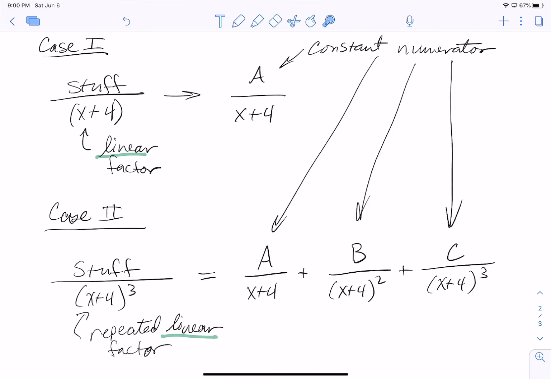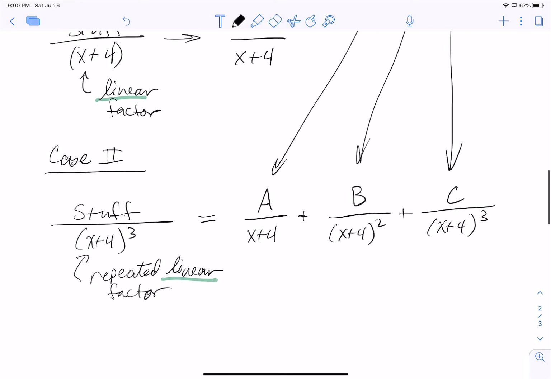Now, as far as having 3 instances of the x plus 4, one of which is just x plus 4 by itself, and then x plus 4 squared and x plus 4 cubed, I would appeal to the idea of the fraction 7/8 can be expressed as 1/2 plus 1/4 plus 1/8. Each of these denominators has a base of 2. In the first case, it's 2 to the first power.